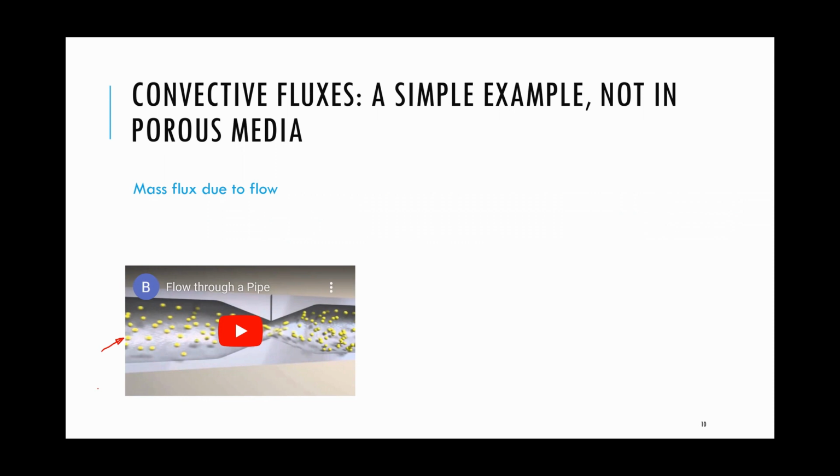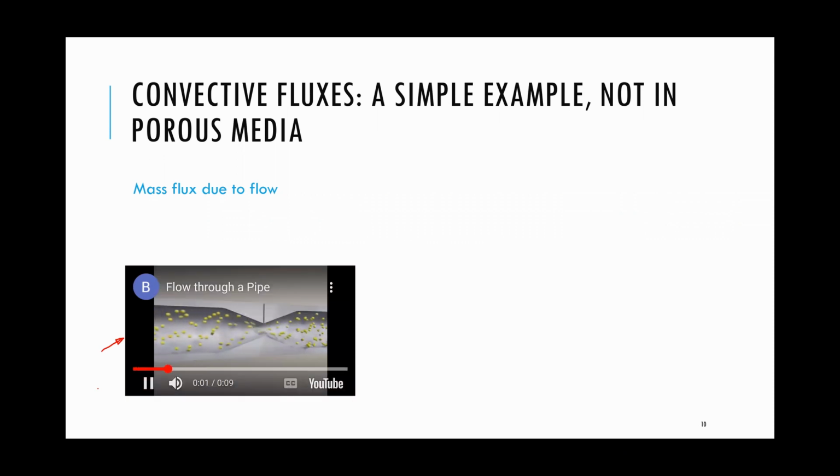So these yellow particles, let me play the video for a second. These yellow particles are being carried by the fluid. So let's say the fluid has a velocity u at this location. At this location, let's say the average velocity is u.